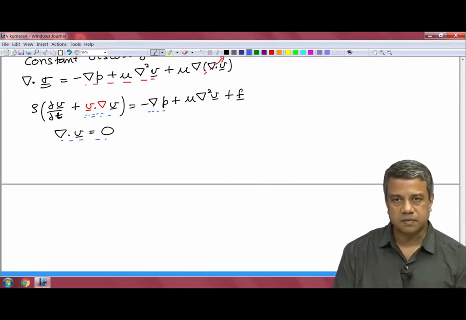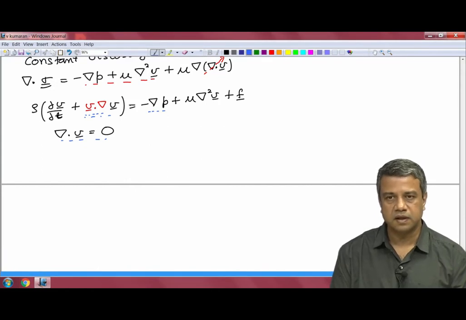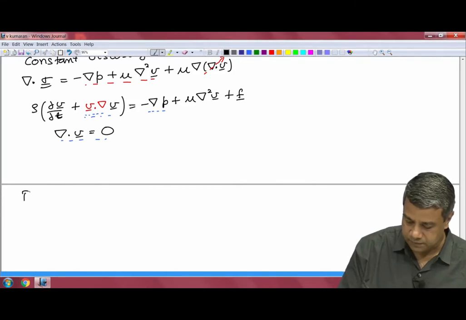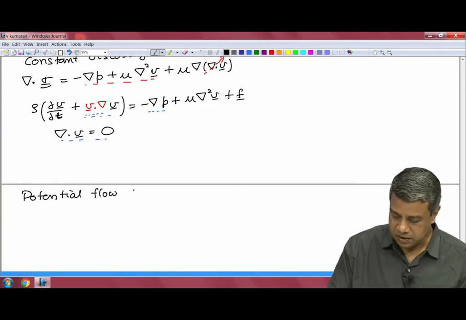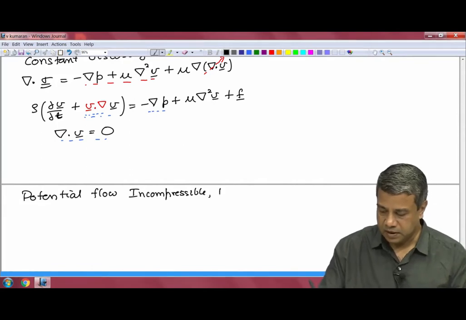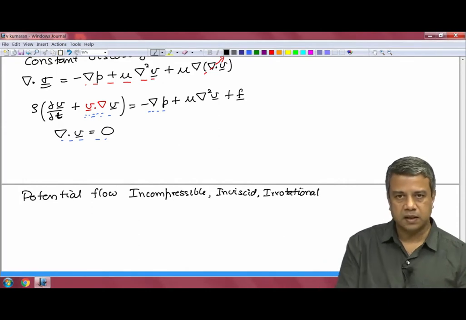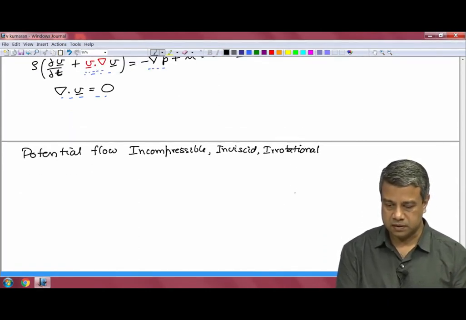And finally, a simplification of this in the limit of high Reynolds number. You recall we had discussed potential flow, as incompressible, inviscid and irrotational.